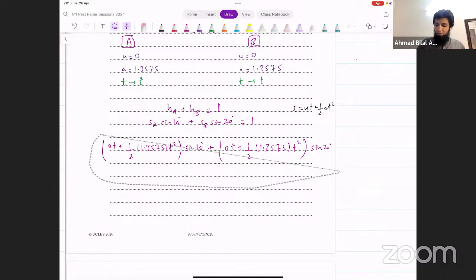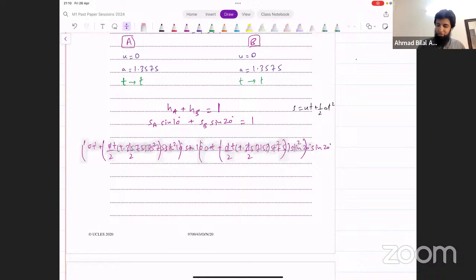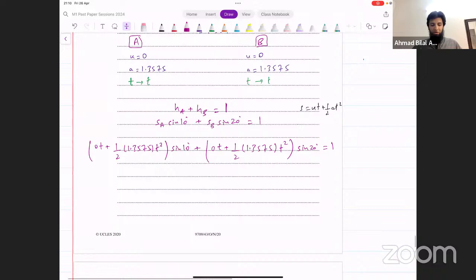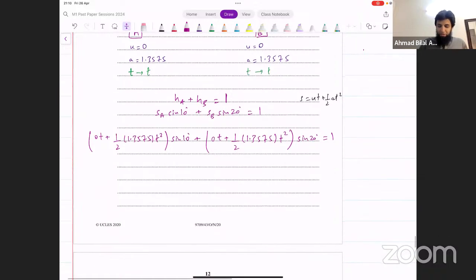This should equal 1. This is an equation that we get in terms of T. And now we can solve this equation, and that should give us the value of T. Let's see what we get from this.